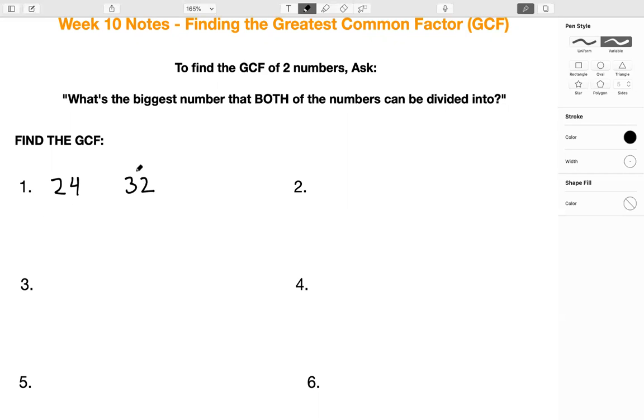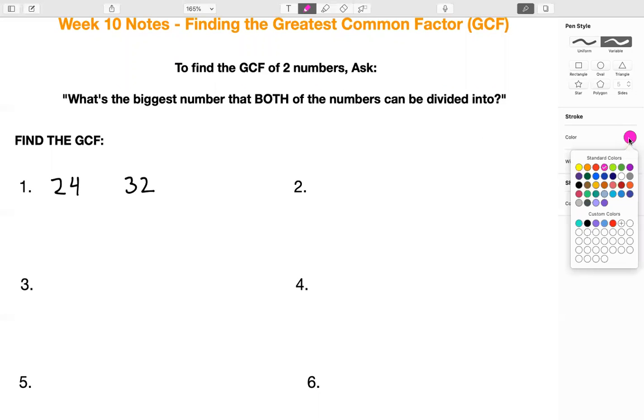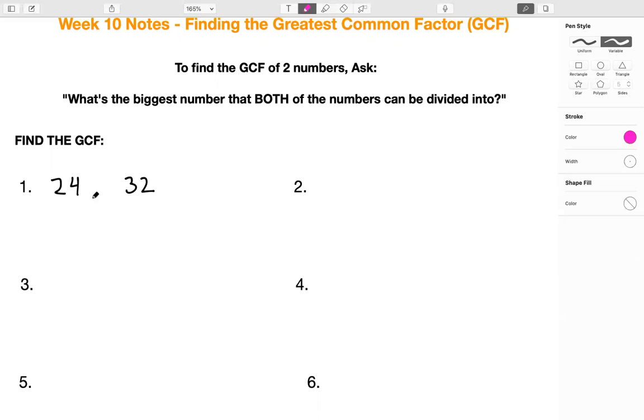If you don't know your multiplication tables very well, this is going to be challenging for you. But I'm, again, going to show you a way to do it that takes some of the complexity out of it. So let's try something. We're going to look at these numbers and notice that both of them are even.